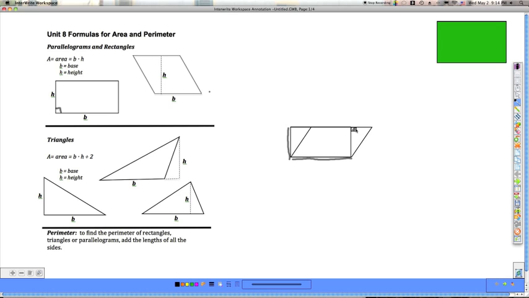And if I were to cut this part of the parallelogram off and move it there, I would actually get the area of the rectangle. So the area of that parallelogram is equal to the area of the rectangle. It has the same base, it has the same height, so I can use the same formula, base times height.